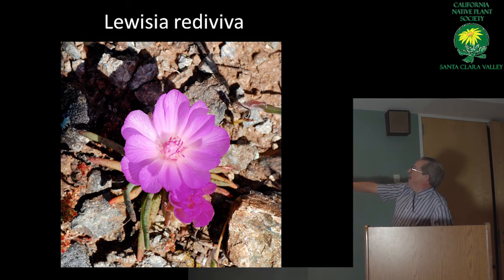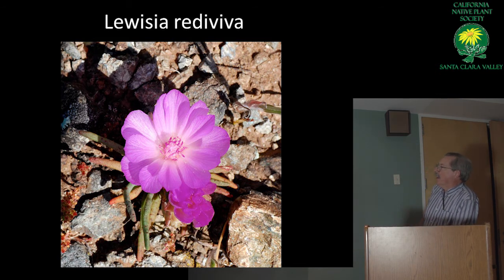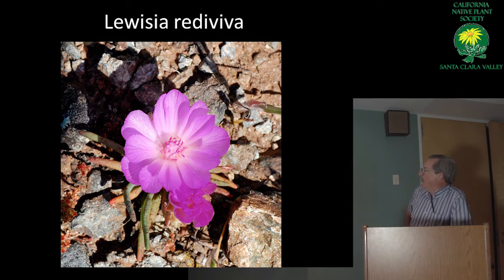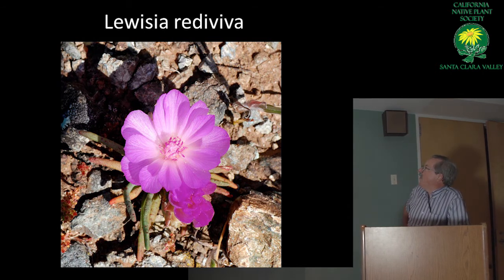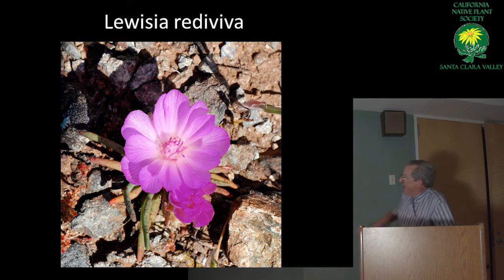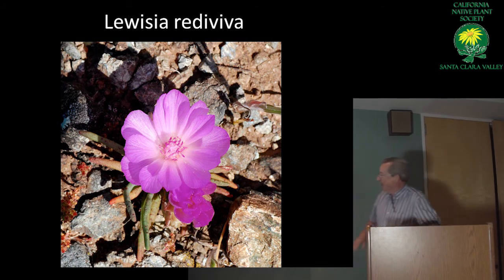Oh, this is up on Mount Diablo, near the top. I found it. And that's what it looks like when it isn't in flower. Is it chert? No, this is like a greywacke up there. It's, you know, it's not quite shiny enough for a chert, but it is high silica.